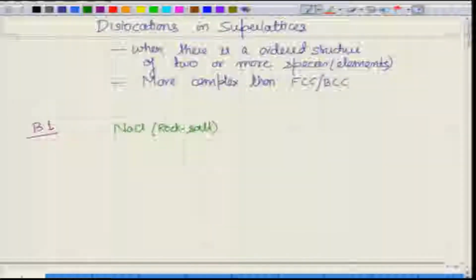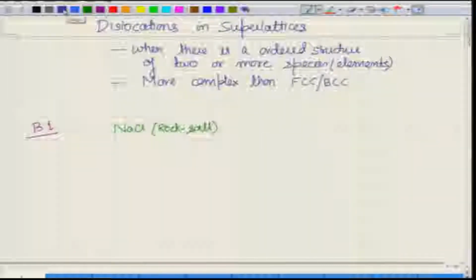So, ionic systems are also ordered structure systems. You can say they are also superlattices, only that they also have charges associated with them, so the charges also start to play a role. Otherwise, a rock salt structure I am not going to draw because we have seen it last time.